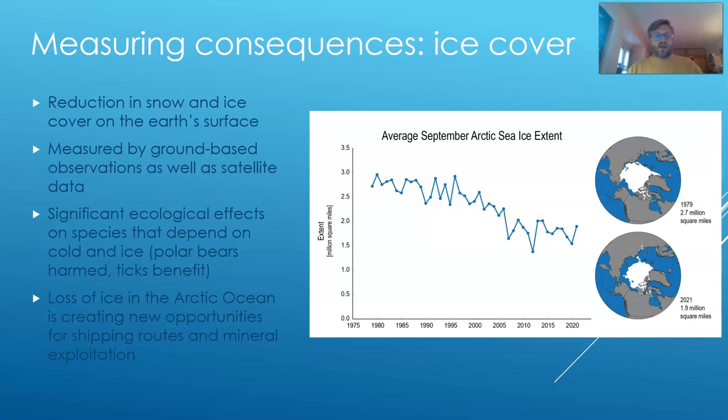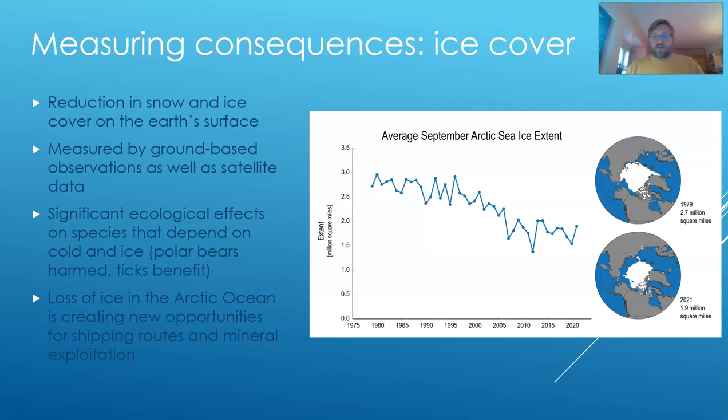The people at those weather stations that we saw on the earlier slide, in addition to measuring temperature, are going to look at things like snowfall and how long that stays on the ground. And then you've also got satellite data. Satellites can very easily observe how much ice or snow is on the ground each time that they pass over.